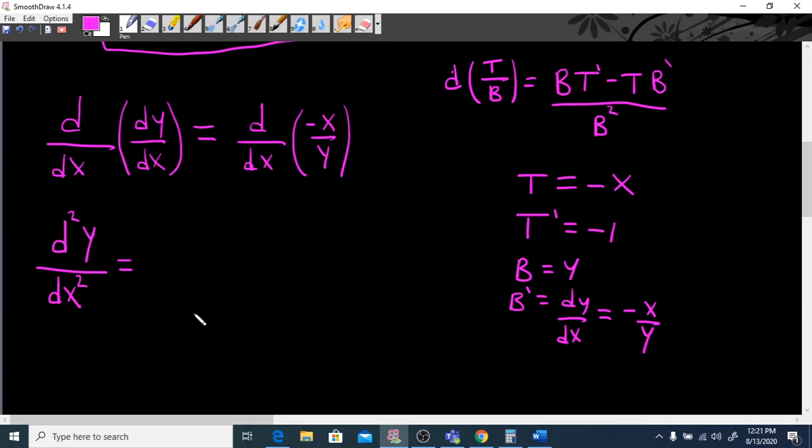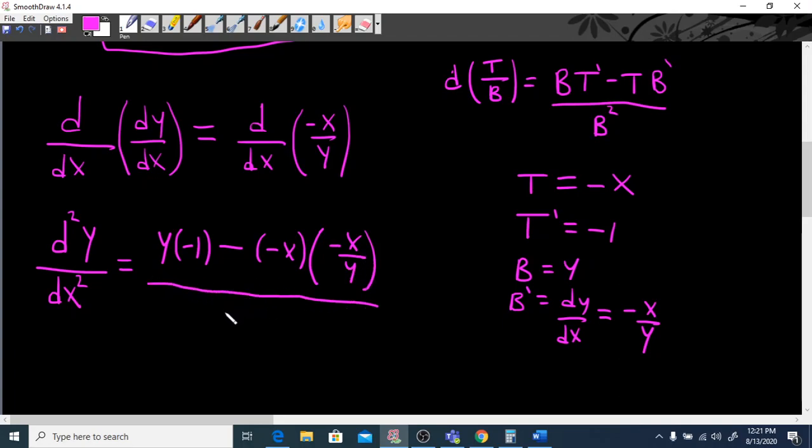Okay? So let's plug all this stuff in. So bottom is y. Derivative of the top, negative 1. Minus the top, top is negative x, times the derivative of the bottom, negative x over y. Over the bottom squared, so over y squared. Okay?